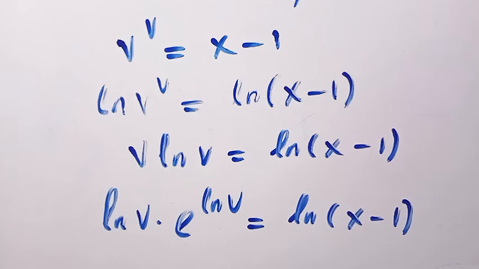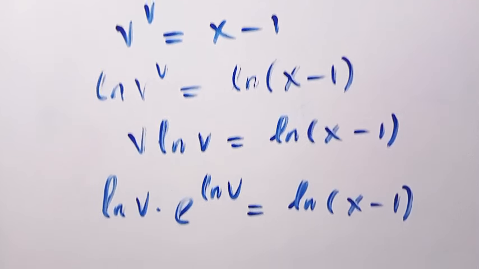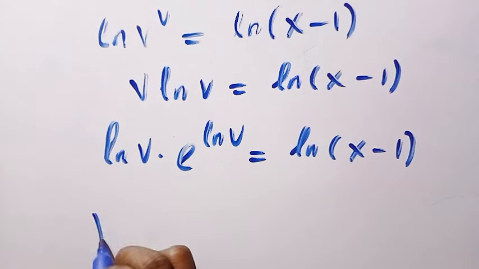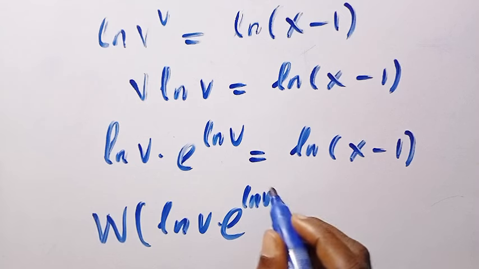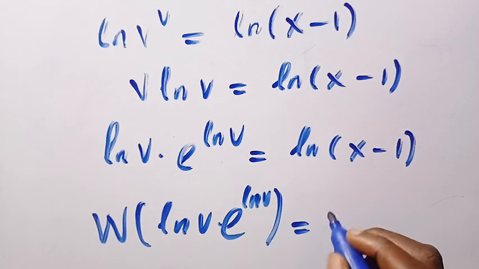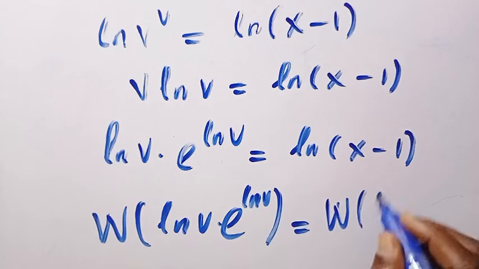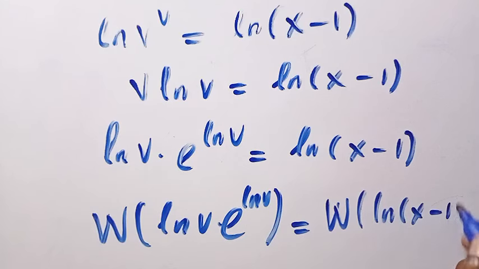Then let's introduce the Lambert W function at this stage. Suppose we apply W, which is omega, to both sides. We have W of (ln v times e raised to the power of ln v) equals W of ln of x minus 1.